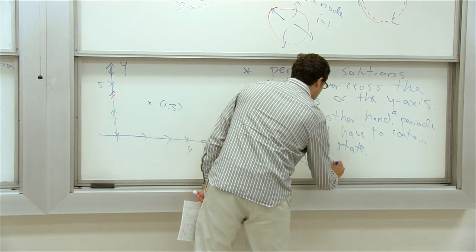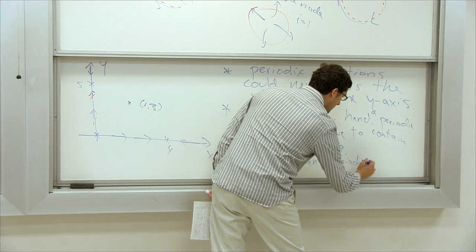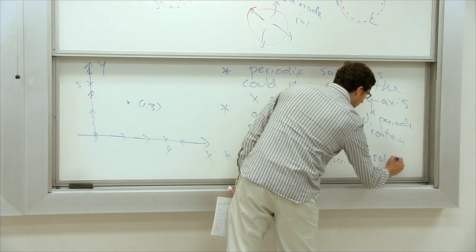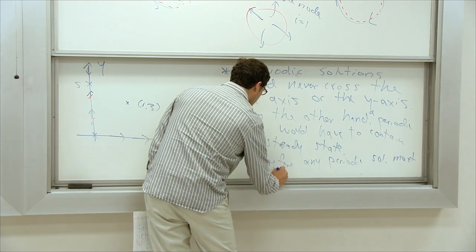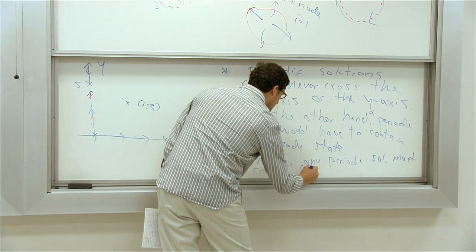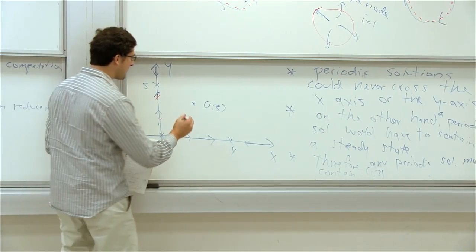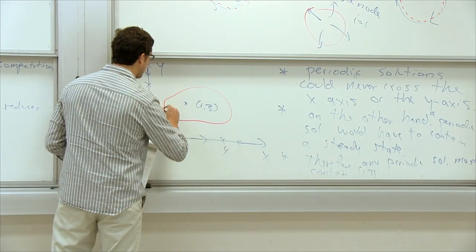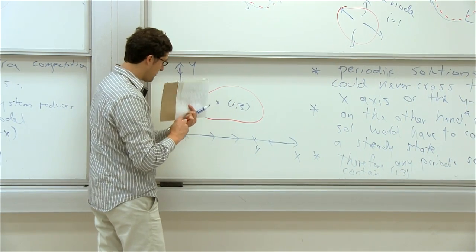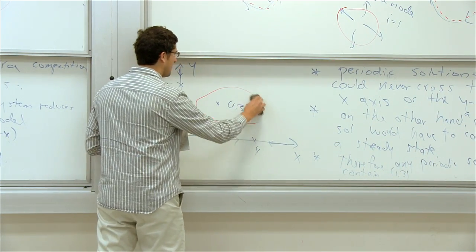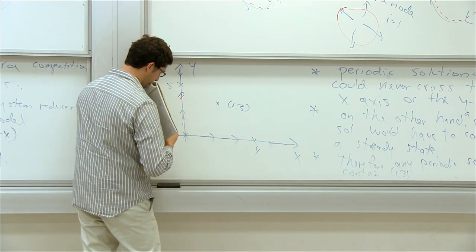Therefore, any periodic solution must contain the point 1, 3. So it must look something like this. Well, actually, I should draw this with blue, because it's not a path. It's a periodic solution.